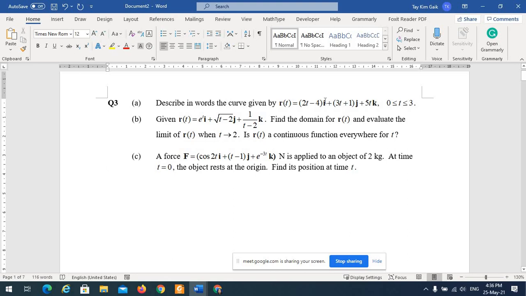A circle is a circle in 2D. Here you have up to k, so this must be 3D. Is it the circle, or ellipse, or helix? Last time we described types of graph. Which one? Muhammad Firdaus, can you choose which one?